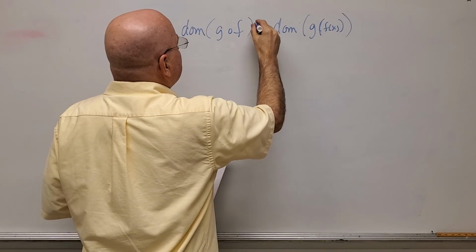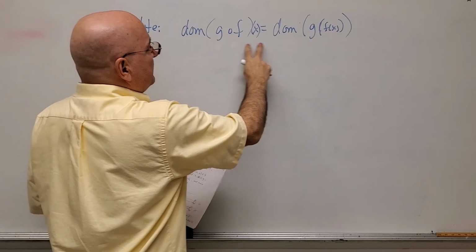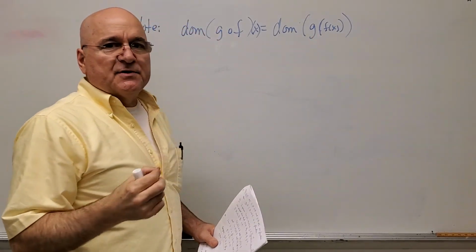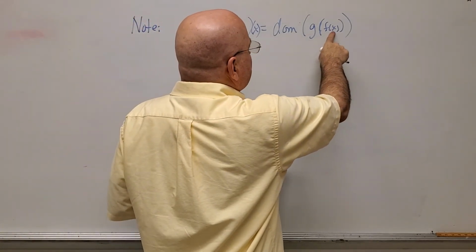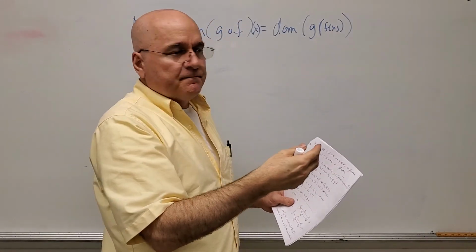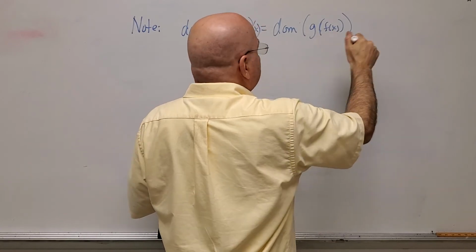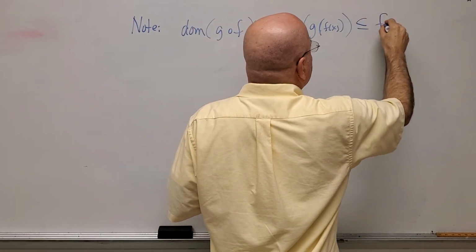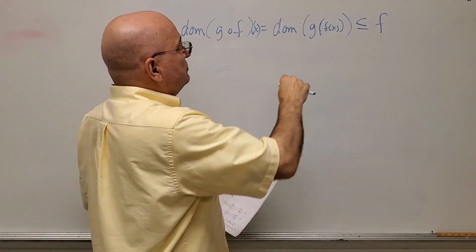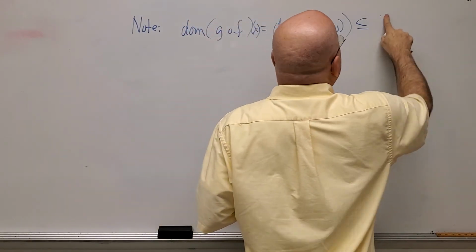I should say f of x, to be consistent. The domain of this function is the same as the domain of this function because this is equal to that. The first thing you're going to do here is f of x. f of x will give you a new number, and then you plug that number into g. So it might be that you can't plug every single number into this, but it's a subset of the domain of f.